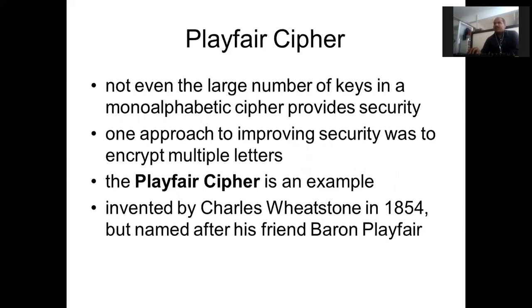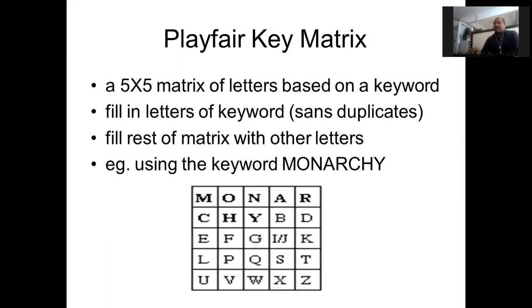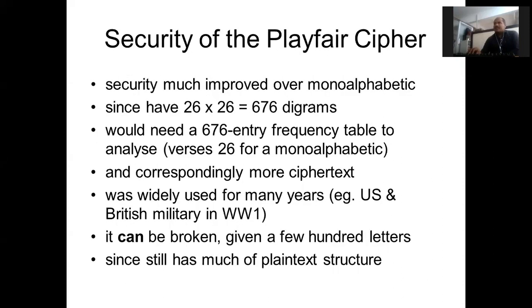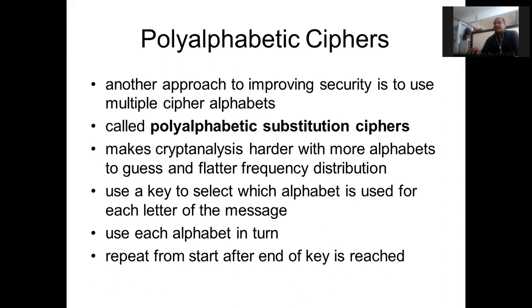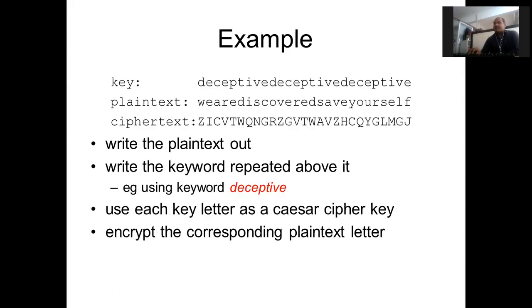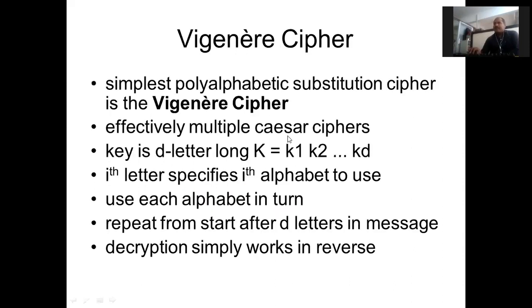And today we are going to cover the Playfair cipher, a very easy algorithm. We have the important Playfair Key Matrix. After that we have the polyalphabetic cipher, which is also called the Vigenere cipher.